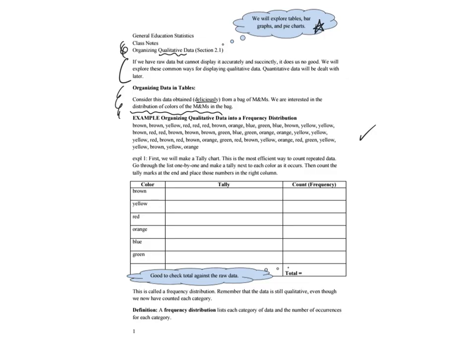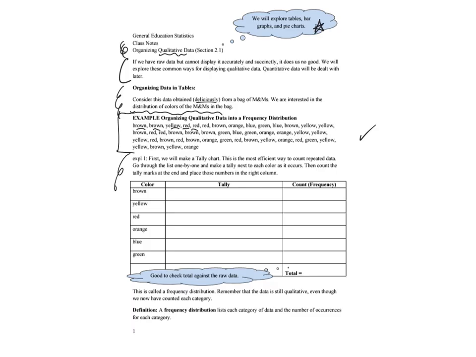So, pretend I pulled out a bag of M&Ms and we just had a brown one, and then a brown one, and then a yellow one, and then a red one, and then a red one, and so forth. And we want to talk about the distribution or the number of M&Ms of each color.